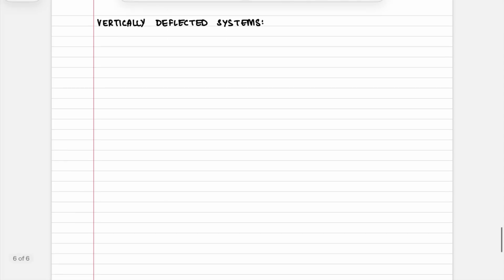Okay, so vertically deflected systems. It's again using springs and dampers, but now they're oriented vertically.